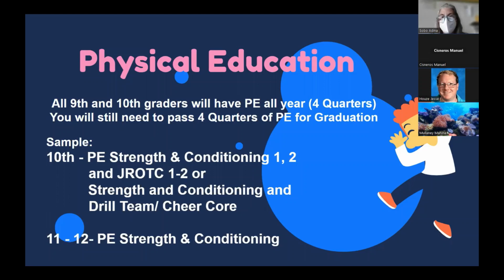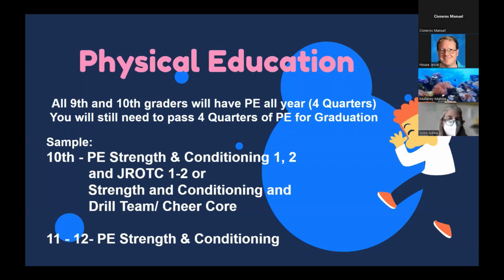They should look for 5755 and 5756. Yes, for unified PE. Oh, yeah, there we go. These two. Individual sports 1, 2. Yes, that's what it is. Thank you. Individual sports 1 and 2, all set.